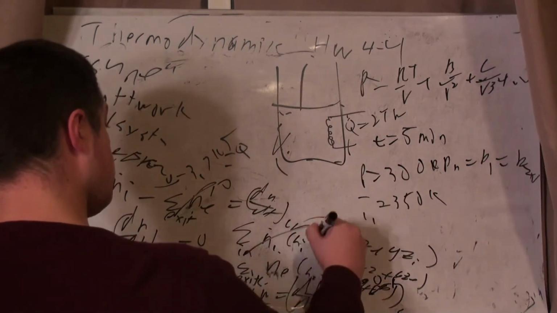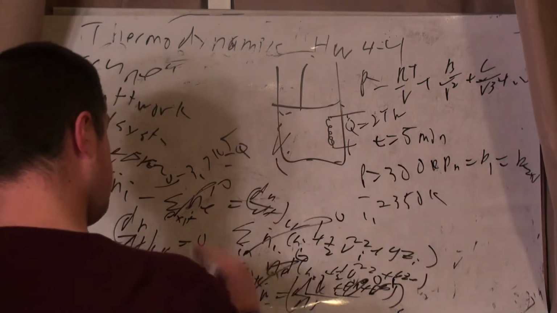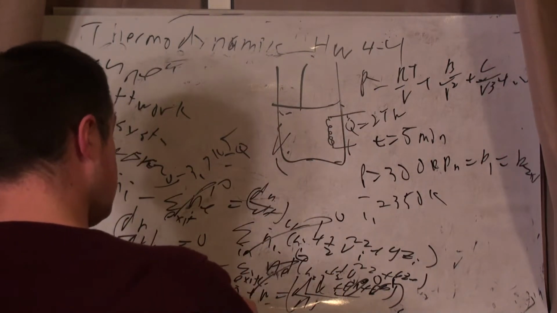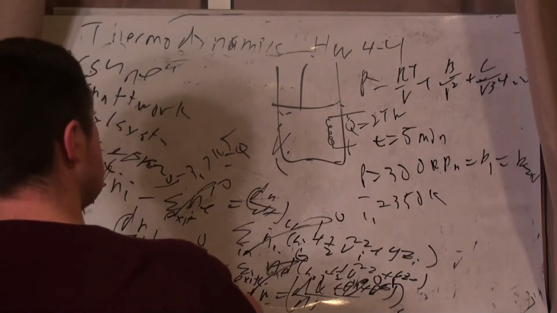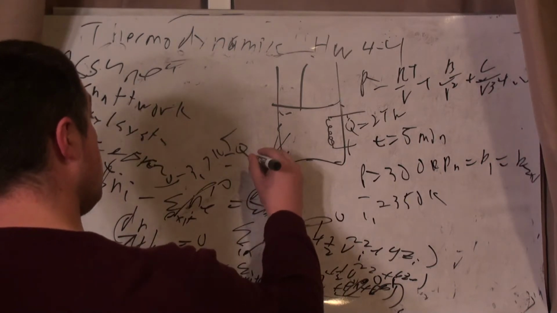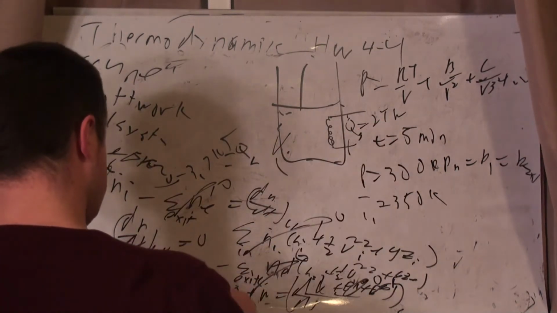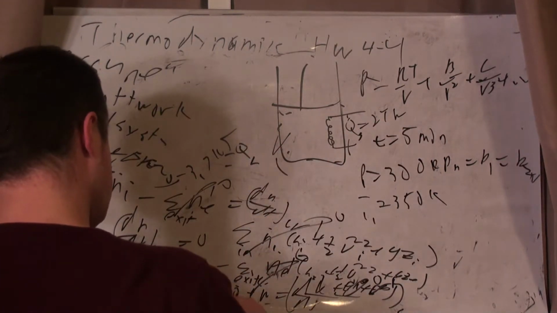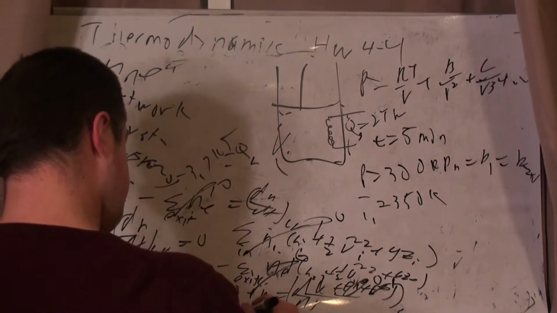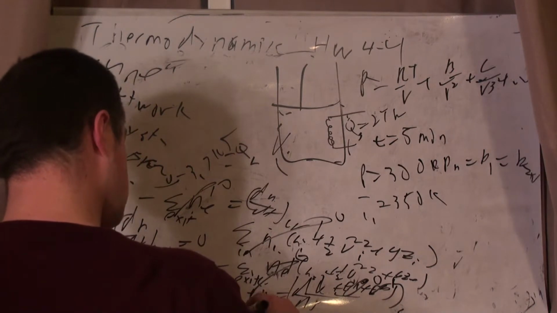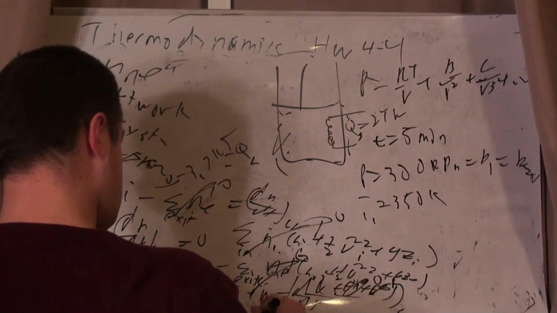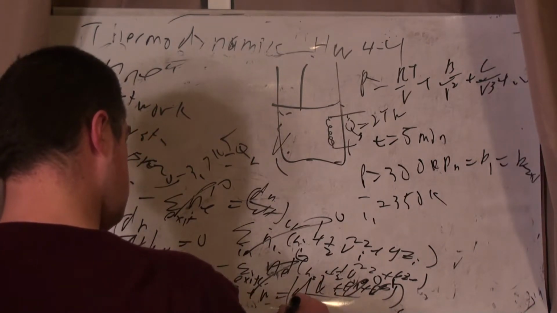The enthalpy flow terms also go to 0 because there's nothing coming in and nothing going out. So when all is said and done, we call these QL and QH, so we have QH plus QL plus work equals dU/dt of my control volume.